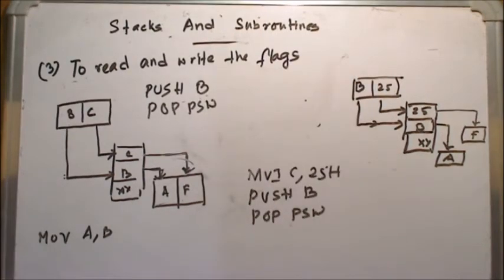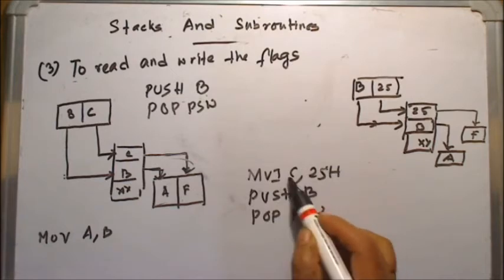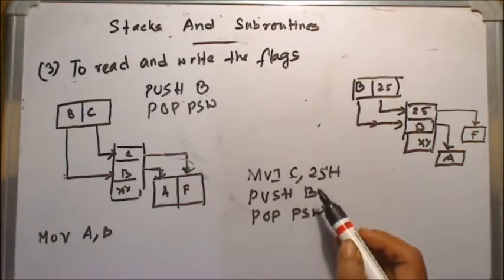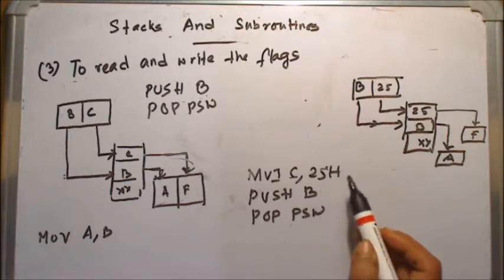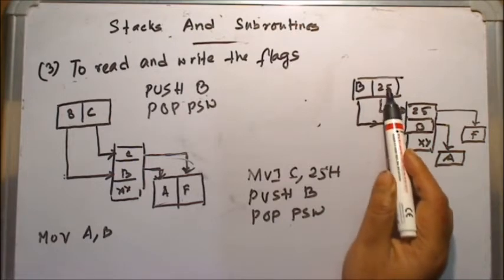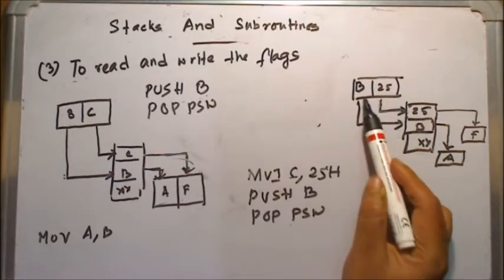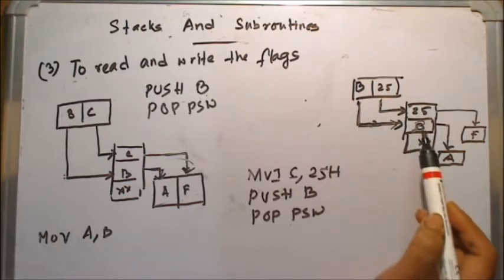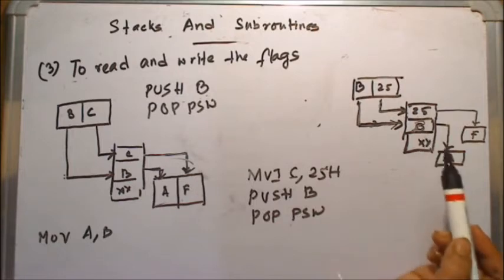What I have done is first write 25H into register C. Then I push B, so C, which I initialized to 25H, goes to the stack, and the value of B goes to the stack too.